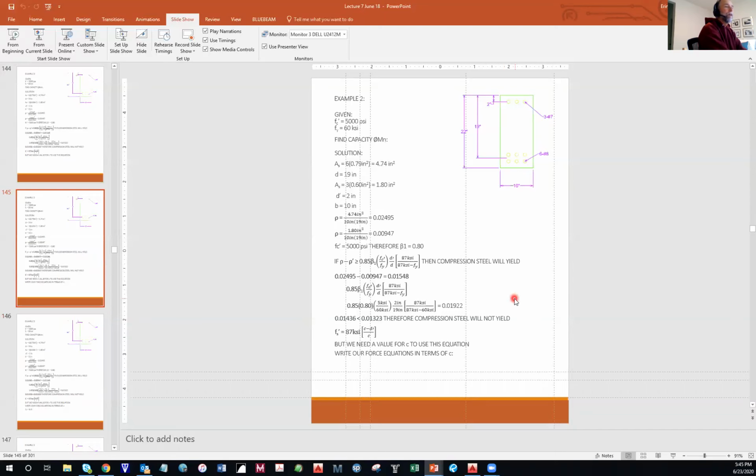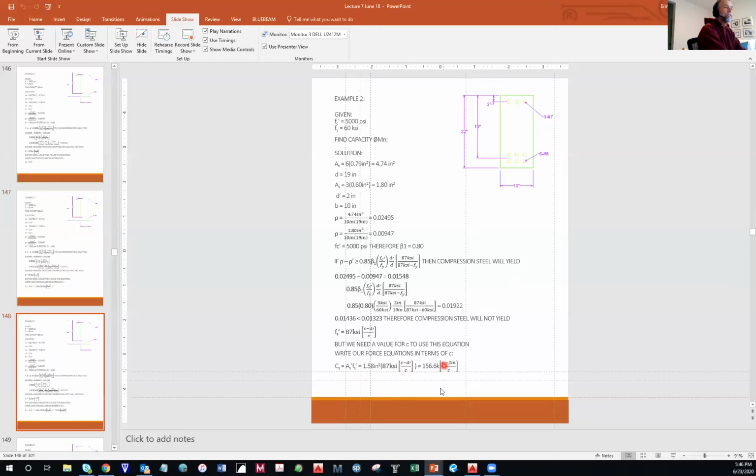You need to write all 3 forces in terms of little c. So the compression steel force is equal to the area times the stress. And the stress is equal to this expression here, which is 87 ksi times c minus d prime over c. So this expression is the stress times the area.